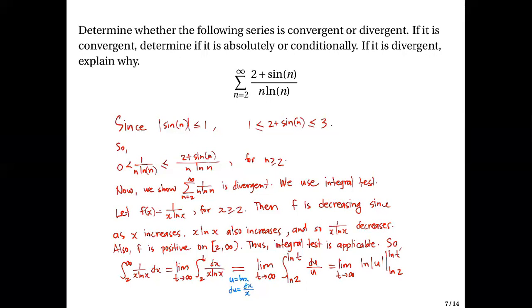And this gives us the limit as t approaches plus infinity of ln of the absolute value of ln of t, minus ln of 2. And as t approaches plus infinity, ln of t will go to plus infinity. We get the absolute value. Ln of something going to plus infinity will still go to plus infinity. Okay?